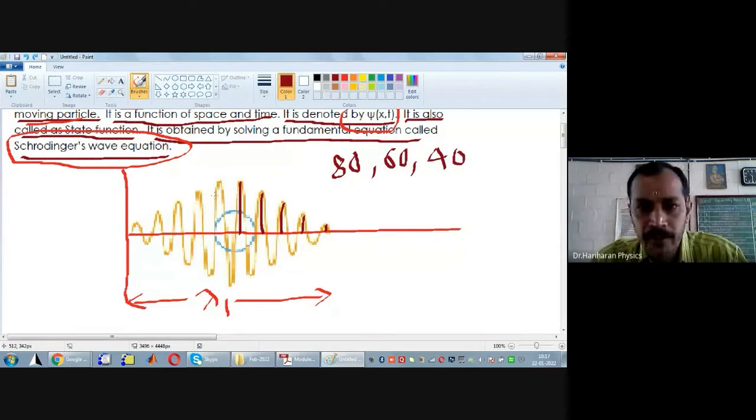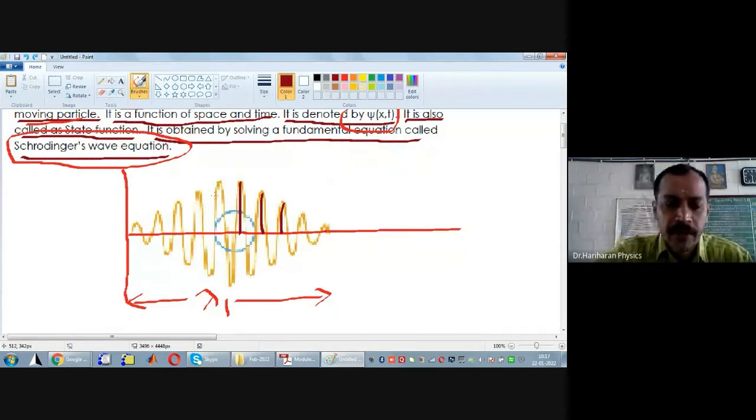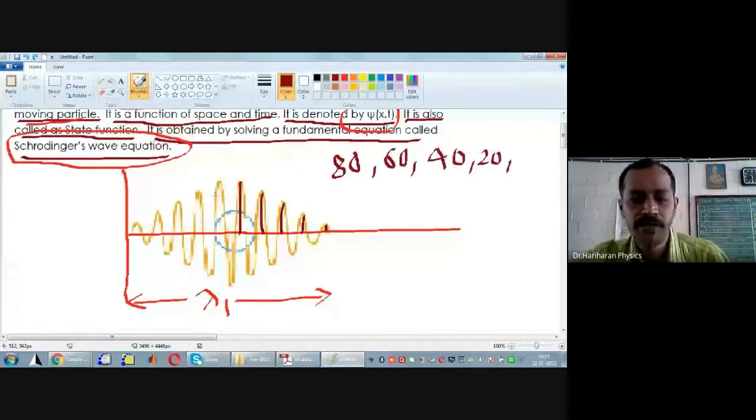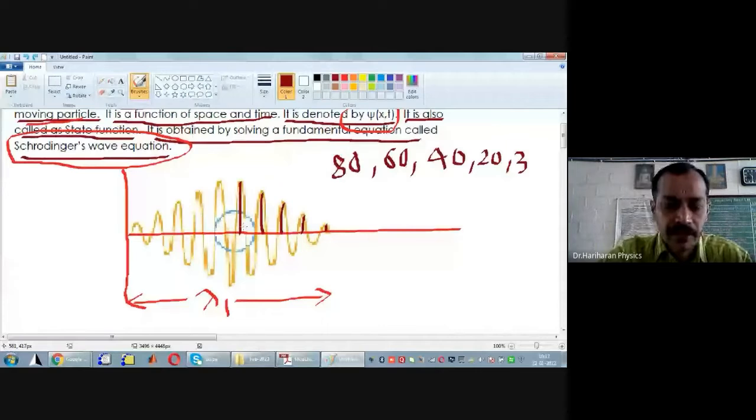In this example, this height is around 80 watts. This is 60 watts. This is 40 watts. This is 20 watts. And this is around 3 watts. Can you see from this figure? Since the amplitude is high here, there is a greater chance of finding the particle in this region.